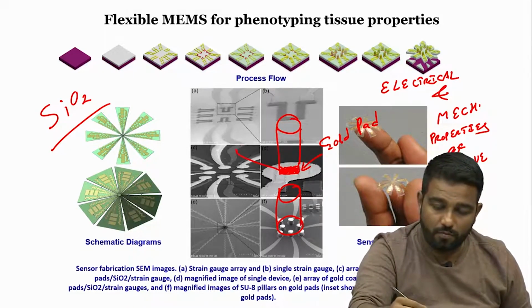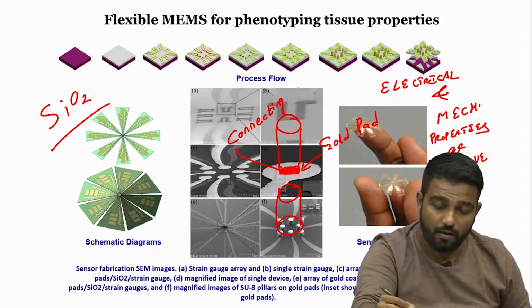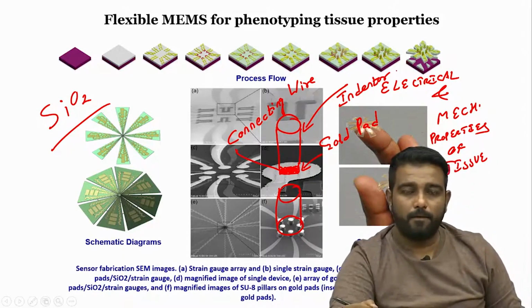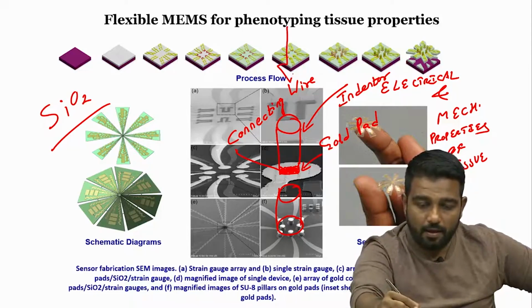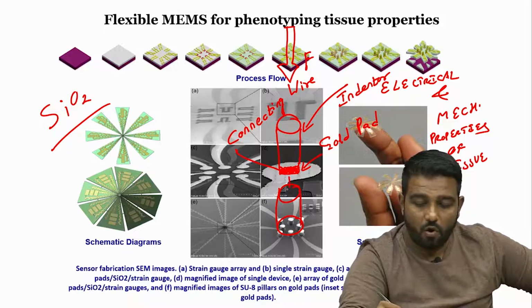This one is a gold pad and there is some connection to this gold pad, alright. So, there is a connecting wire, this is the indenter, alright.